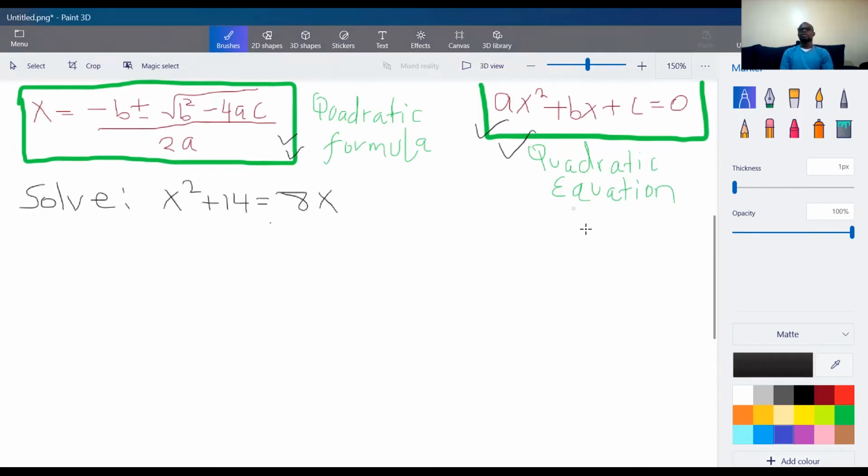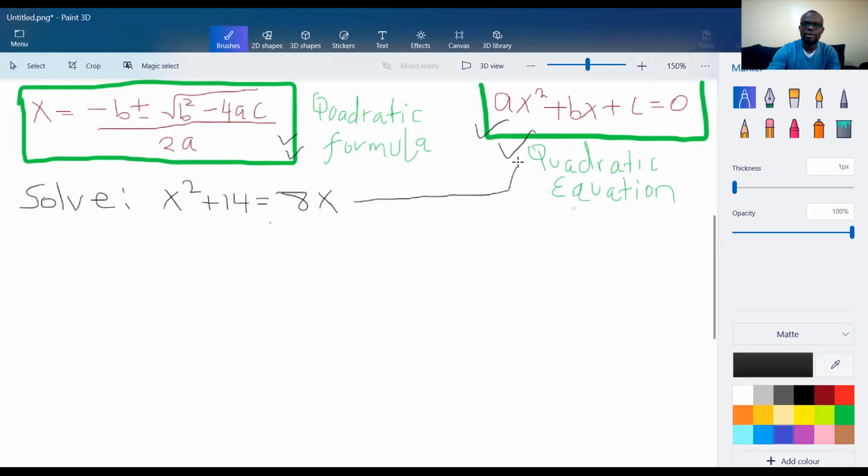This is an example of such equations that can be solved using the quadratic formula. So what do we do in this case? We just want to arrange our equation so that it looks like the one I'm having on the left-hand side there. We have to try and make our equation look like that.